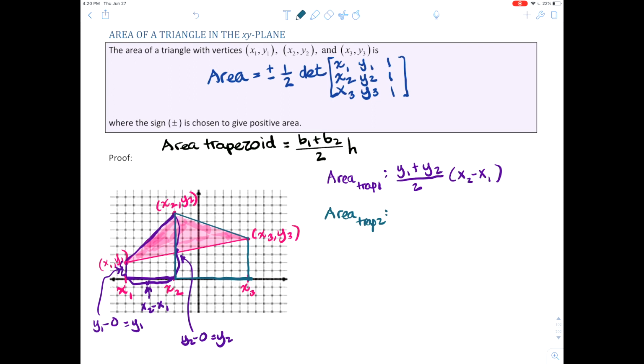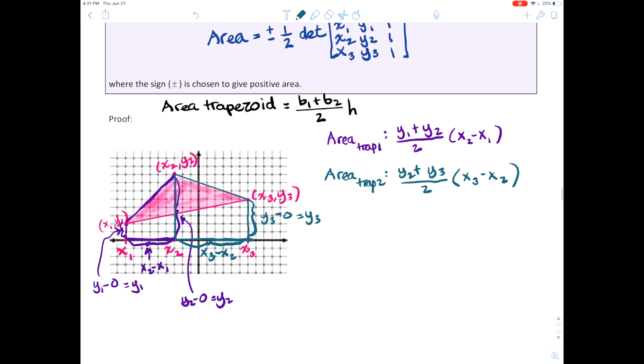So this length, of course, will be y3 minus 0, which is y3. We already had the other one as y2, and so the height of the trapezoid will be x3 minus x2. So here we go. We'll have y2 plus y3 over 2 for the average of the bases, and then x3 minus x2 for the height of the trapezoid.